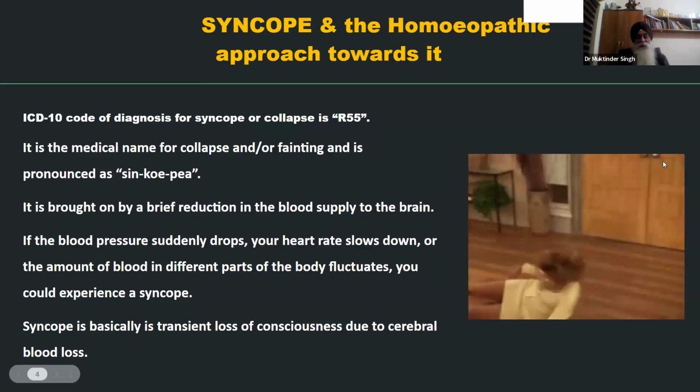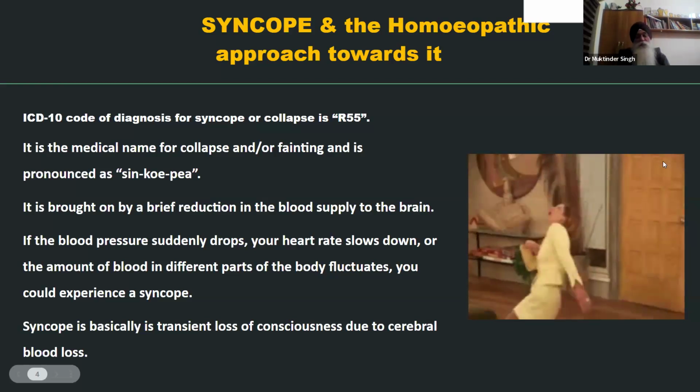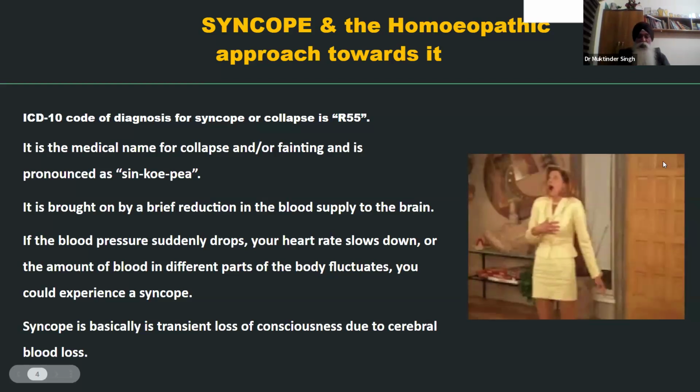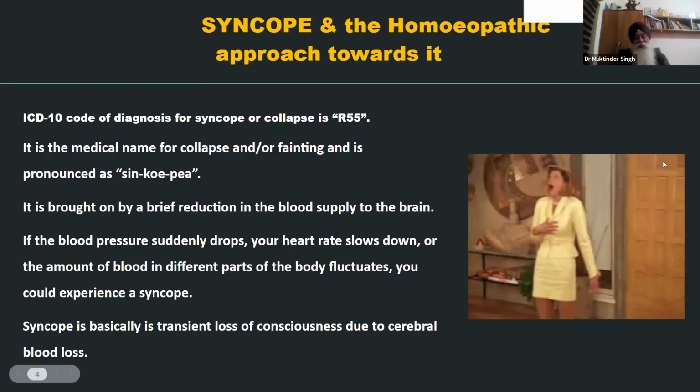It is brought on by a brief reduction in blood supply to the brain. What happens is when someone has been standing in the sun for long, or has sudden anxiety, or is standing for a long period, or standing up from a sitting or lying posture, the brain doesn't get adequate oxygen and blood supply.